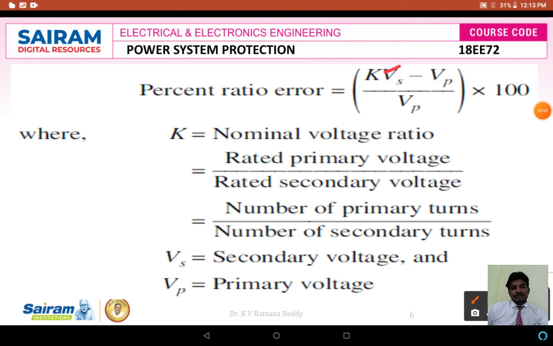K is the normal voltage ratio, which is nothing but the ratio of rated primary voltage to rated secondary voltage. This is the gain K, also called voltage gain, and in the above formula Vs is the secondary voltage and Vp is the primary voltage.